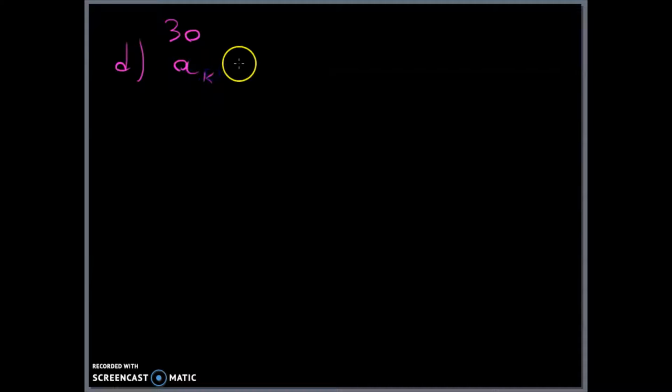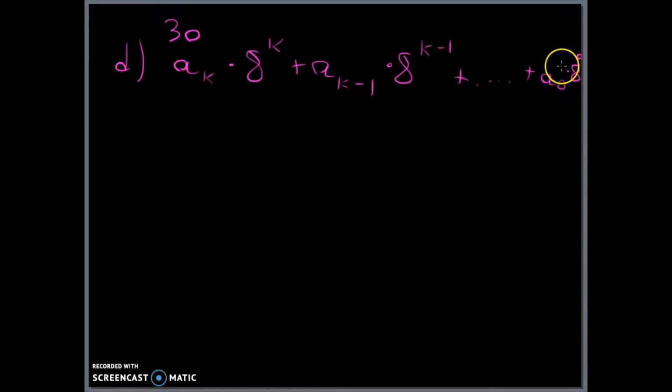So a to the k times 8 to the k. Then we add that to a k minus 1 times 8 to the k minus 1. And then we carry this on until we reach a 0 times 8 to the 0, which is just going to be 1. So that won't affect our value.